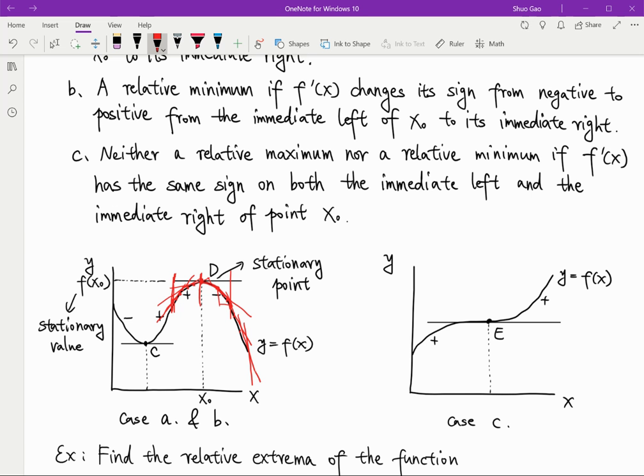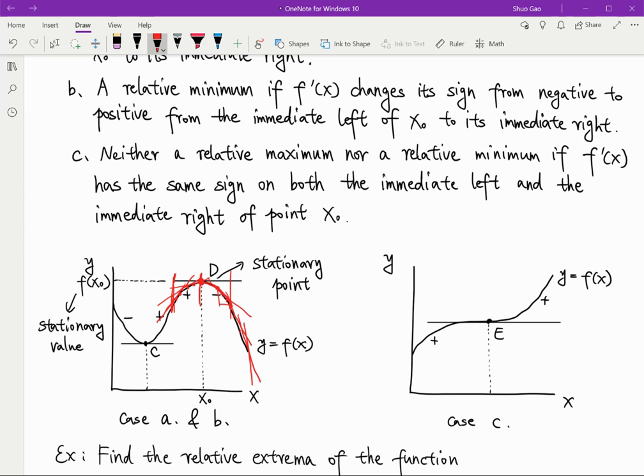So only when it reaches a peak, for example, only when you take the derivative at point D, the peak of the mountain, only in this case does the slope of the tangent line equal 0. We call this a stationary point, because at the relative maximum point here, the slope is neither positive nor negative, right?